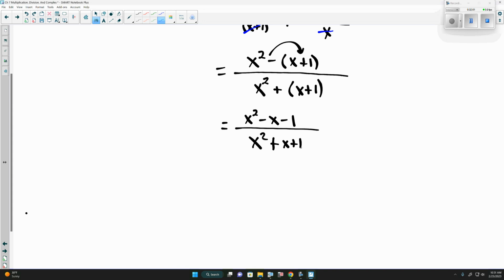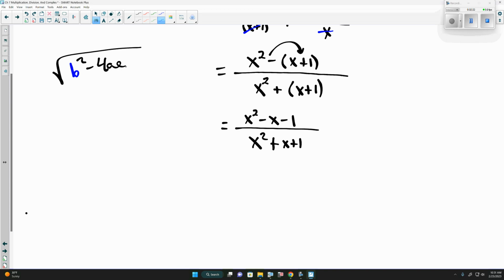Denominator, we can really just drop the parentheses because the plus doesn't really change anything. Now the question is, will the numerator and denominator factor? Actually, no. We can check by looking at the square root of b squared minus 4ac.